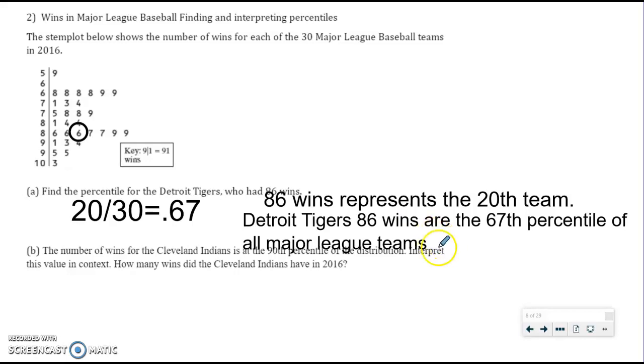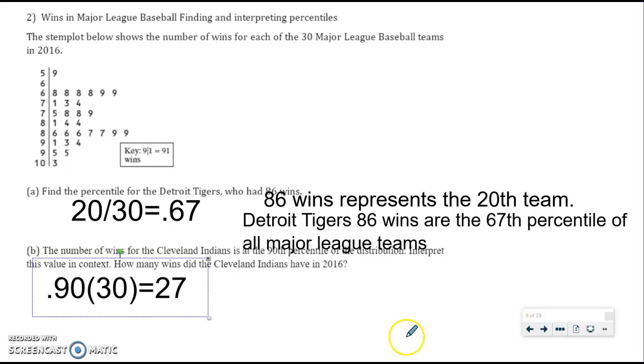Now, let's look at the Cleveland Indians, which is what they were back then, or the Cleveland Guardians now. Let's look at the number of wins. We know that the Cleveland Indians were at the 90th percentile of the distribution, and we're going to interpret that in context. If it's the 90th percentile, I take 0.9, the decimal form of 90th percentile, and multiply it by 30.